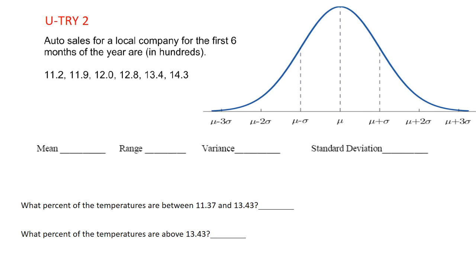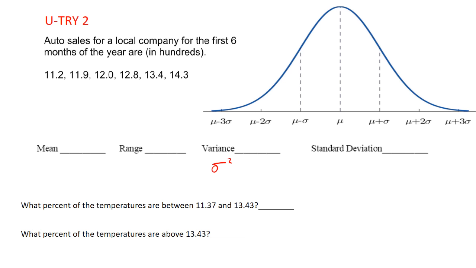Here's the second you-try. This time, start by entering your values in. Do one variable statistics, find your mean, standard deviation, variance, and then range. What percent of the temperatures are between the two given values? This should be either 1 standard deviation away or 2 standard deviations away.